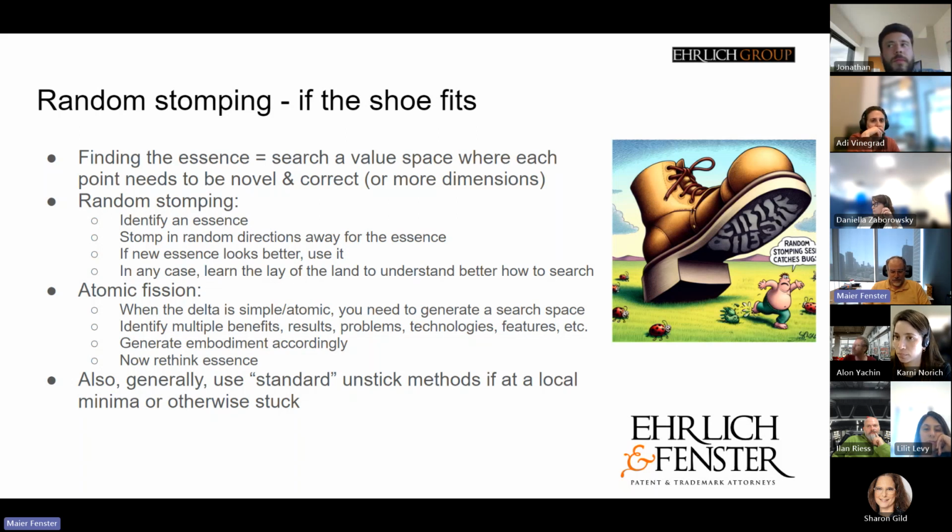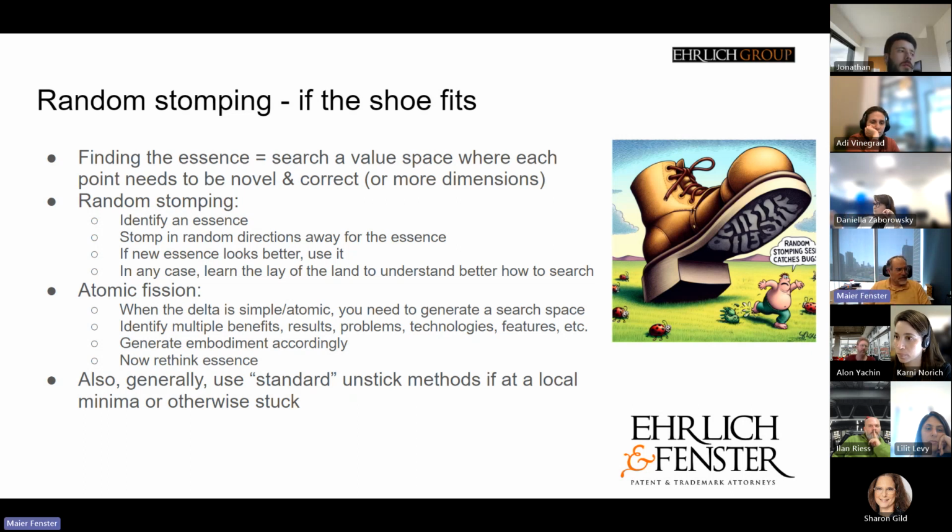For example, you identify multiple different benefits, multiple results, problems that are solved, technologies that could be used. And now that you've identified them, you start identifying other possible solutions.